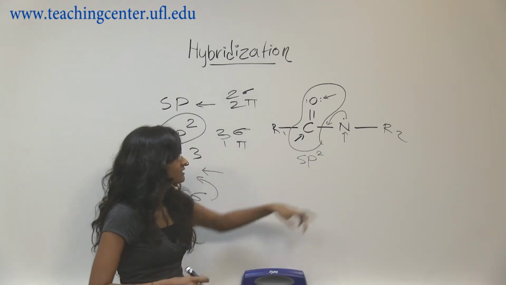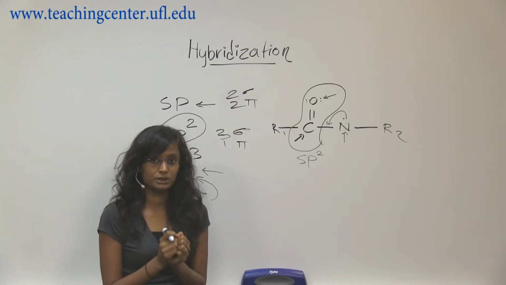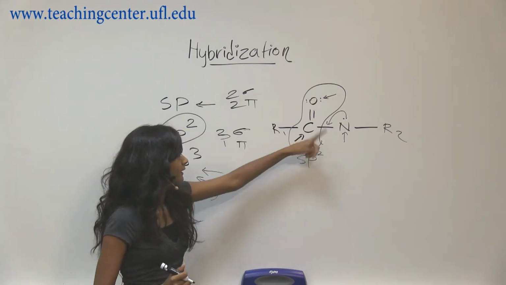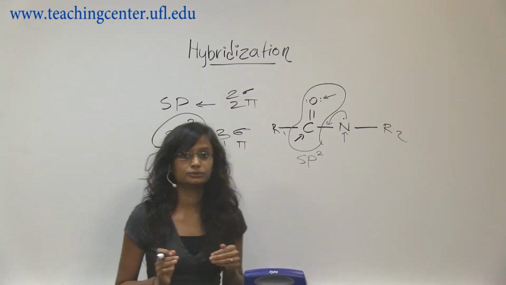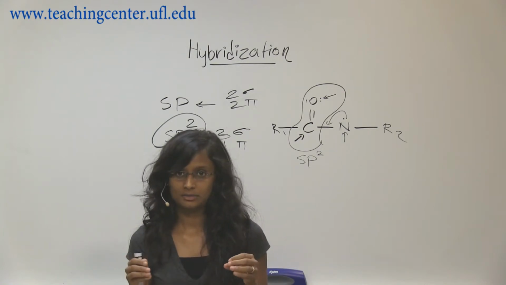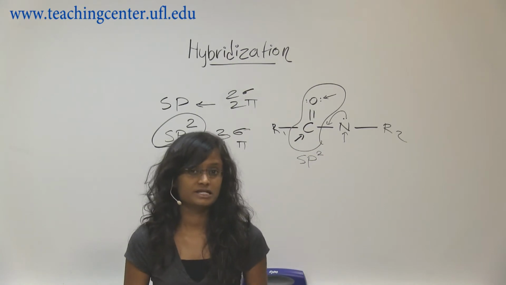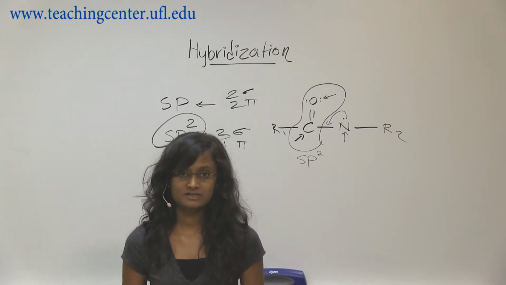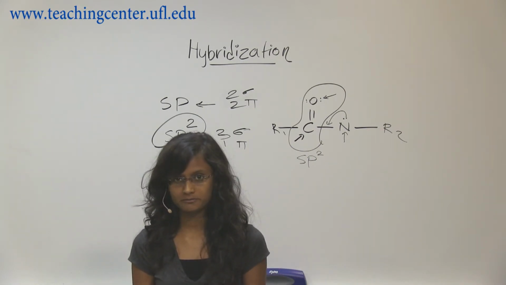So rather than this lone pair sitting in an sp3 orbital, it sits in a p orbital, so it can move on the side onto the neighboring sp2 system. So your rule for hybridization is whenever an atom that contains a lone pair is directly right next to an sp2 system, then that lone pair containing atom becomes sp2 as well.